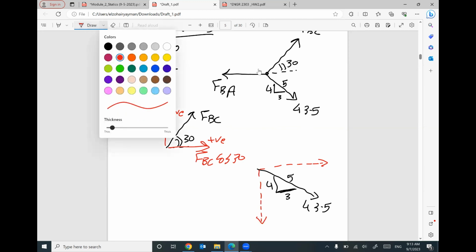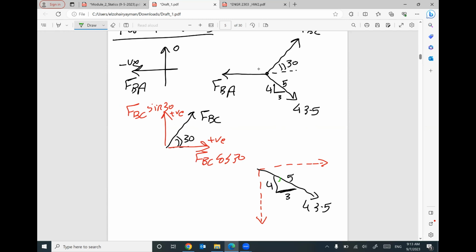Be careful. If you select your angle here, it's up to you. You can select whatever you want. If you select this is your angle, this angle will equal to this one. Based on your selection, this component will be 43.5 cosine the selected angle. And this one will be 43.5 sine the selected angle. From this right angle triangle, 3, 4, 5, and based on your selection, the value of sine theta opposite, 3/5.